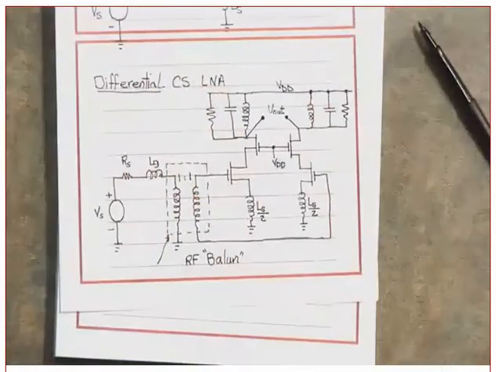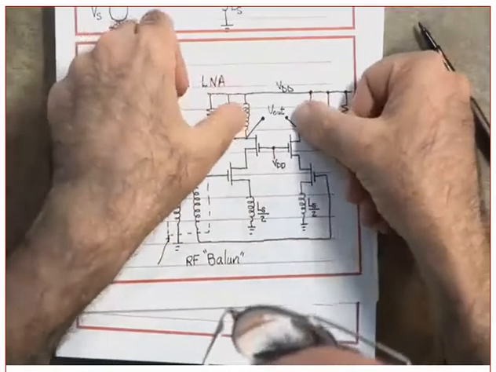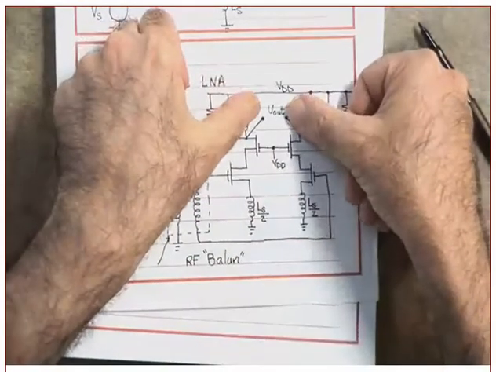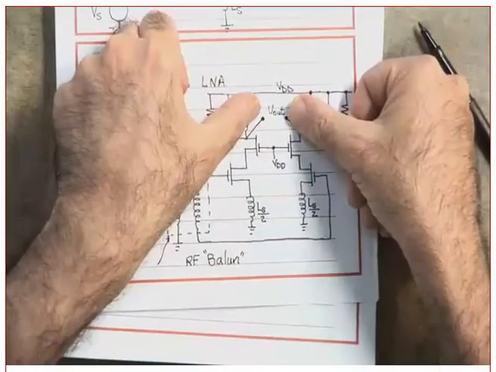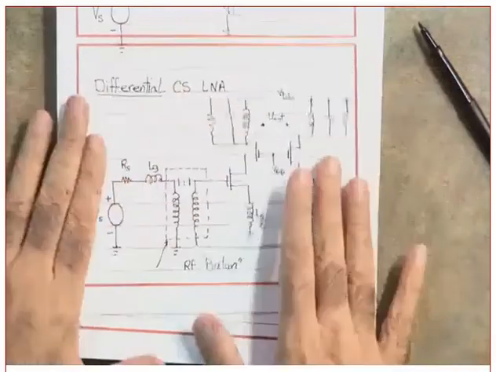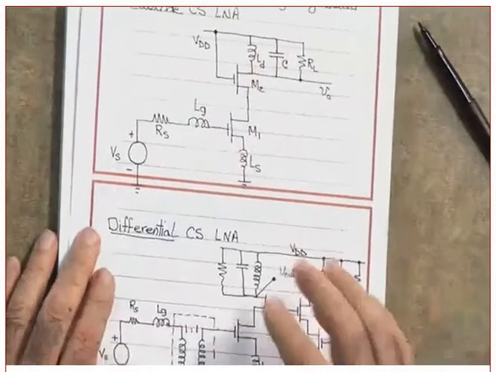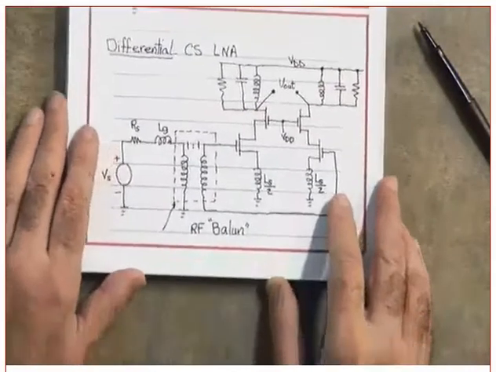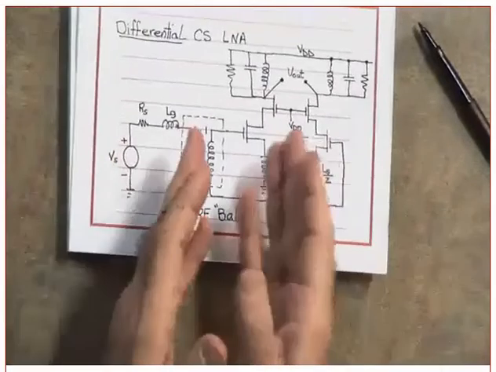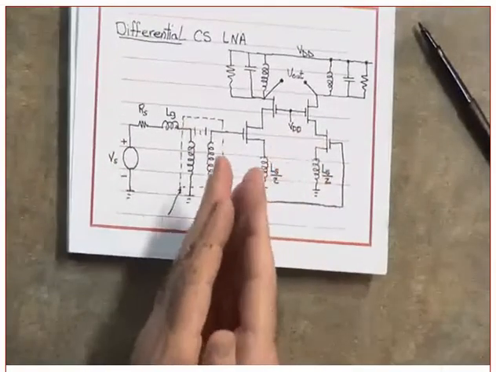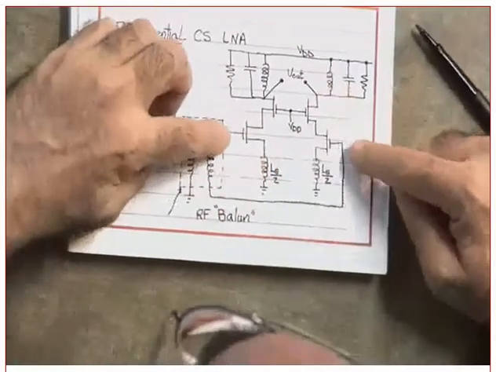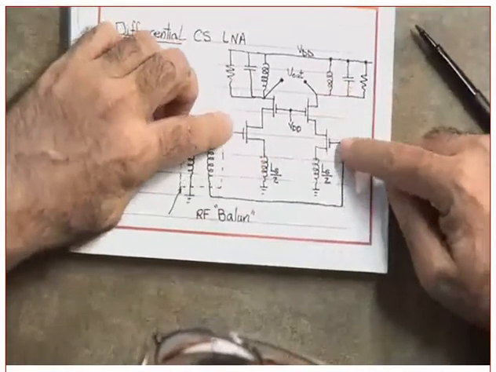Where am I taking the output? I'm taking the output, the difference between these two. This is what is known as differential output. Whereas in here, where am I taking the output? I'm taking the output in here. We call it a single-ended. Clear?